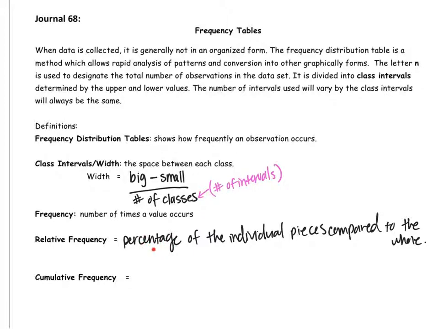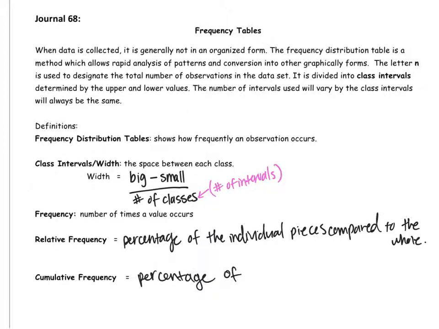But that percentage is only specific to blue eyes, or in other words, that specific individual group. And we compare that to the entire class, or the whole. So relative frequency talks about a specific group's percentage compared to the whole. Whereas cumulative, so let's write that definition for cumulative frequency.